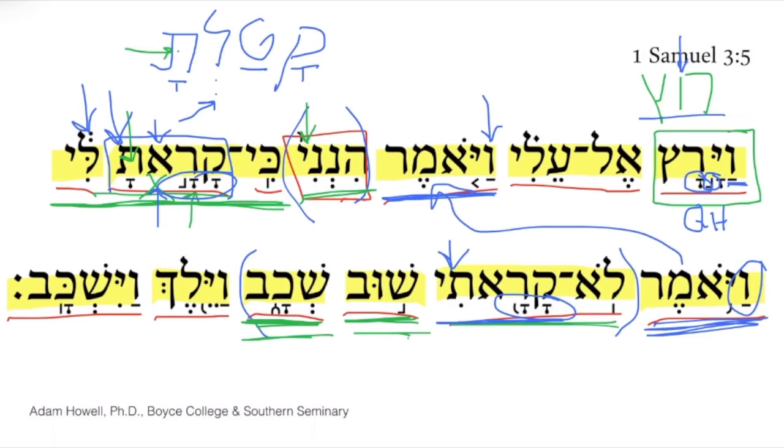The final clause here is the summation or the conclusion of this initial conversation between Eli and Samuel. Both verbs are Qal imperfect 3ms verbs plus vav consecutives. The first root is halakh, he lamed kaf, and the second is shakav, shin kaf bet.